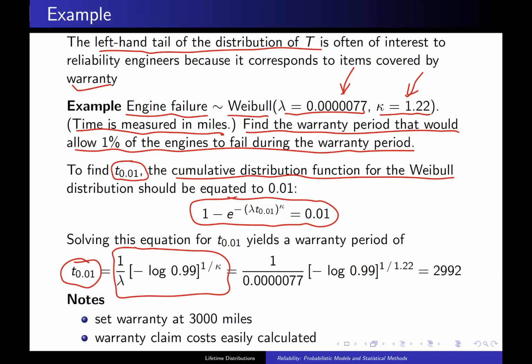But when lambda equals 0.000077 and kappa equals 1.2, this turns out to be 2,992 miles. So rounding that up 8 miles, if we set our warranty period to be 3,000 miles, that will be very helpful in determining the warranty claim costs associated with this engine.